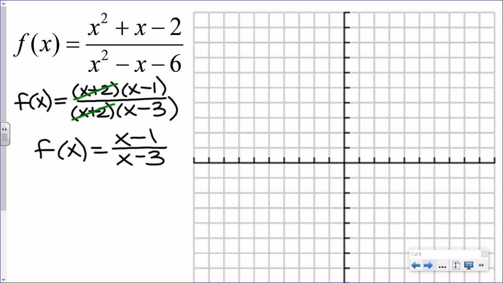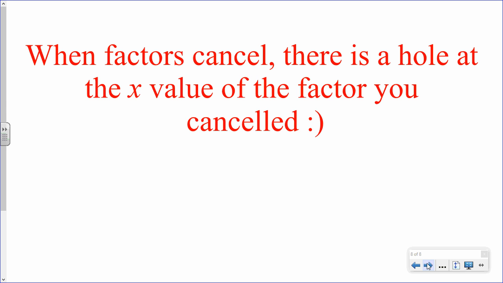Okay, so here's something new and exciting. We have factors that cancel. When we have factors that cancel, it means that there is going to be a hole at the x value that you just canceled out. Do you remember when we talked about open circles, closed circles?